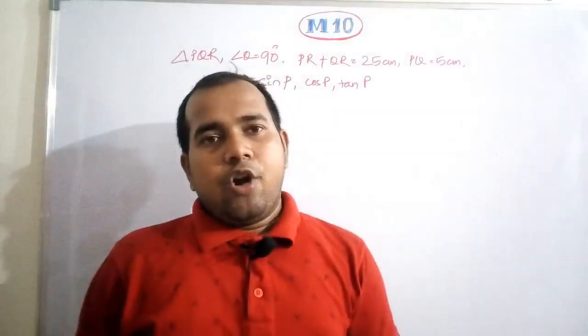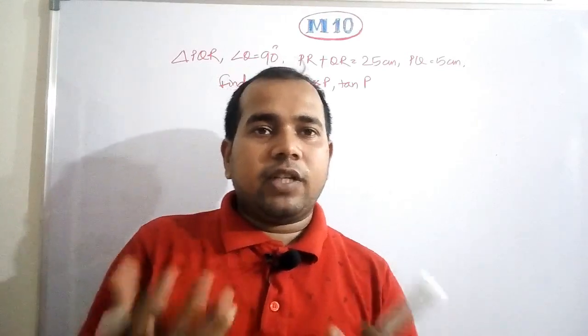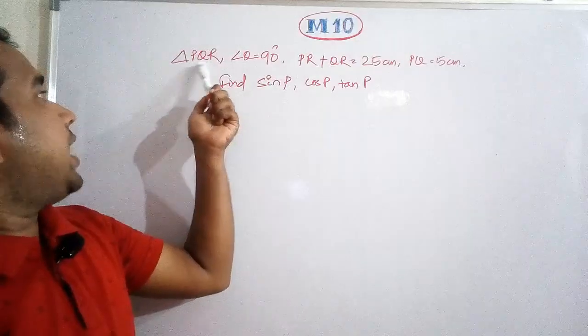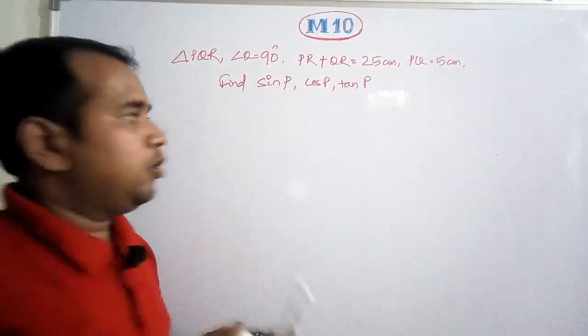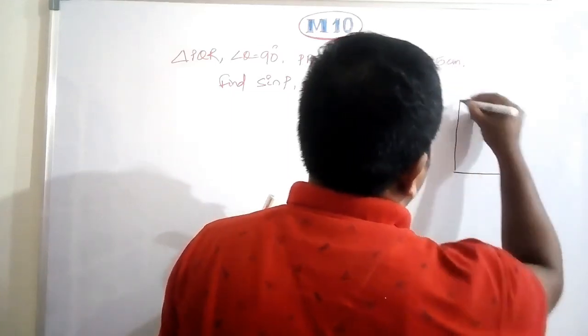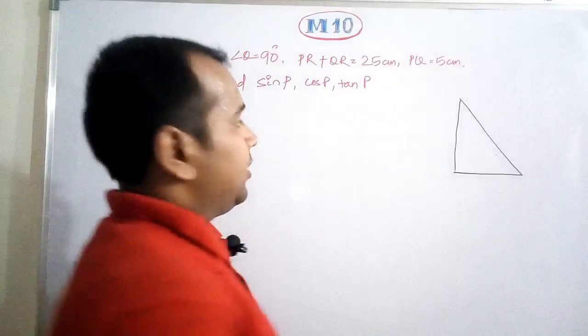Always start from whatever data is given to you. First of all, there is a triangle PQR, so first draw a triangle PQR, where Q is 90 degree.